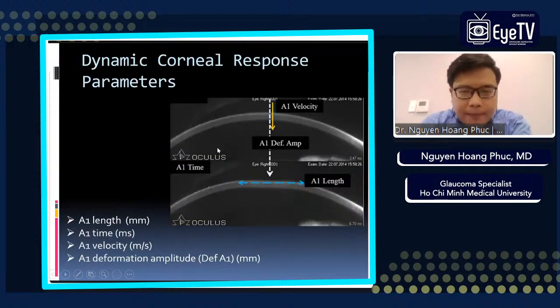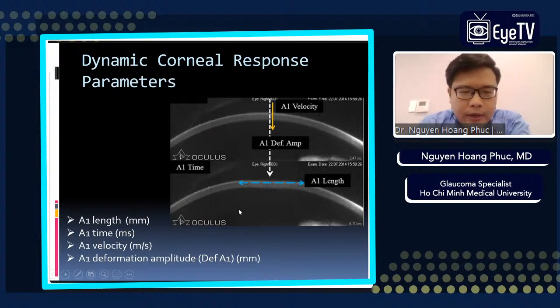This is the first applanation stage. We have four parameters. A1 length is the blue arrow, the length of the cornea at the first applanation. A1 time is the time from the normal position to the first applanation. A1 velocity is the velocity of the cornea as it deforms.